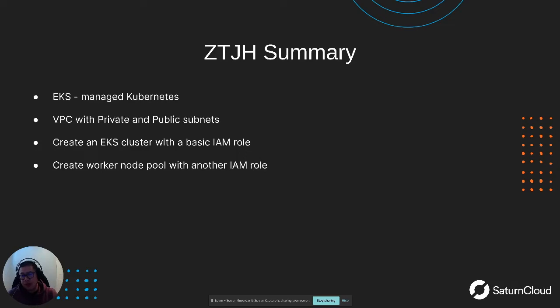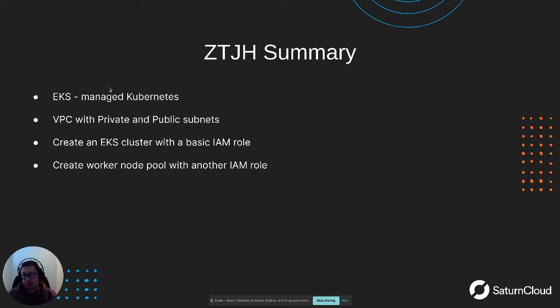We recommend that you create VPCs with private and public subnets. That way, the nodes themselves will live in the private subnet, which means that they are not directly accessible to the internet, which is good for security reasons. But the public subnet means that you can have things like load balancers and internet gateways that will both let your nodes communicate to the outside internet and let the outside internet communicate with the nodes.